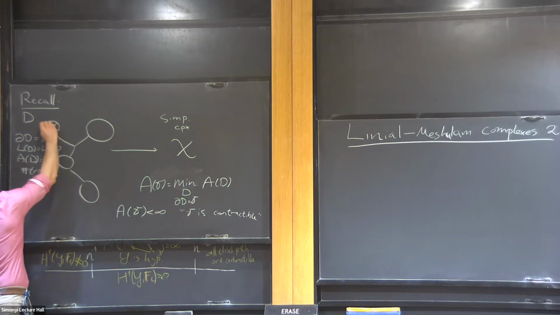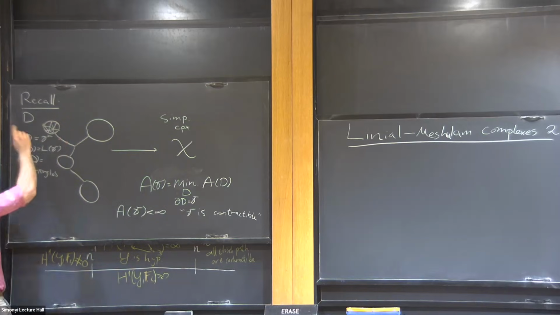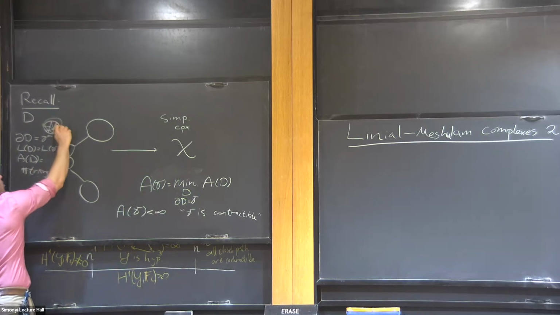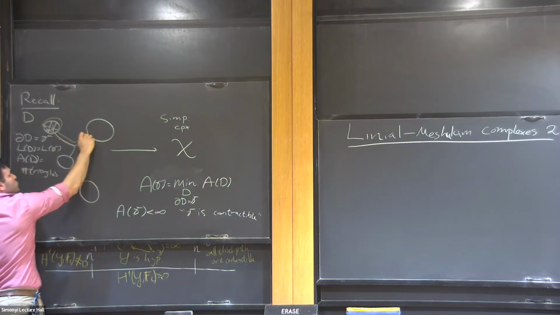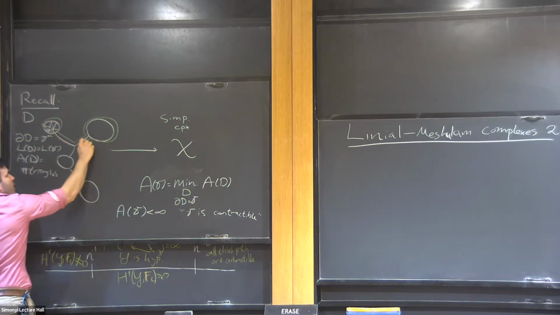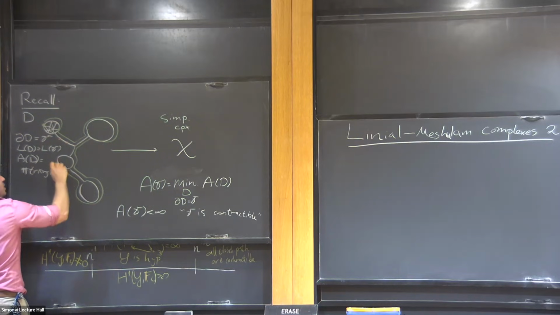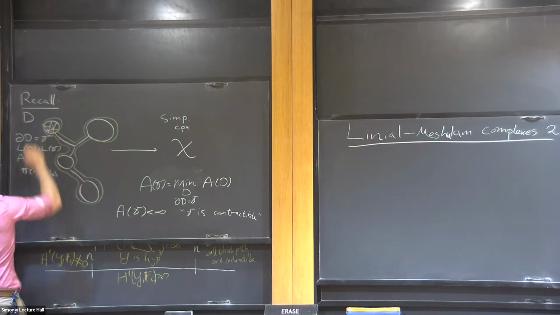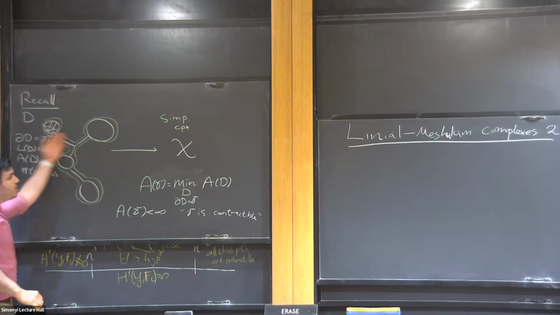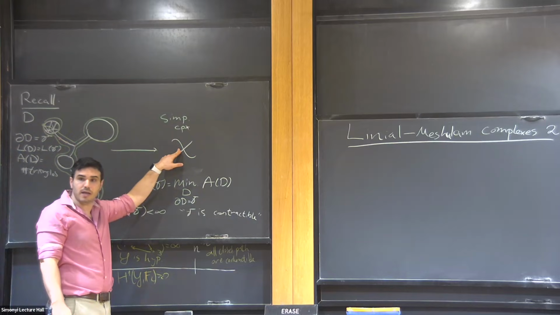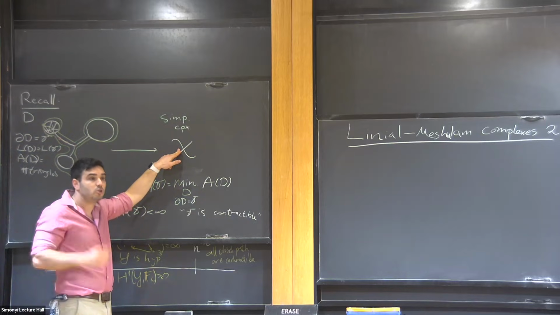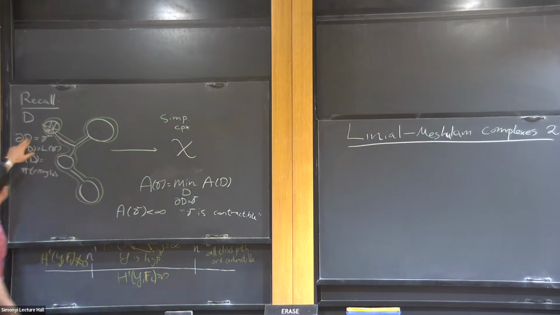So you choose some starting point on the outside of one of the disks or on one of these edges, and you start walking either clockwise or anti-clockwise, but you do this path that just goes all the way around this thing, until you come back. And this is some closed path in the simplicial complex X, and this closed path is called the circumference of D, and we denote it by gamma for now.